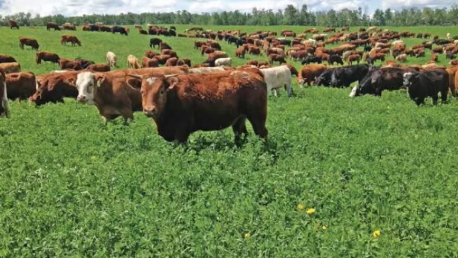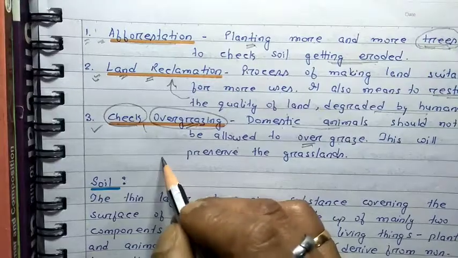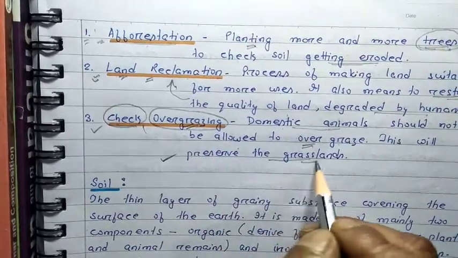If we let our domestic animals go to the grasslands and graze there, they will definitely overgraze or overexploit the grassland. So this can be stopped. We can keep our domestic animals at home and feed them. If we let the domestic animals overgraze, automatically the land will be degraded, and that's why if we check overgrazing, we can conserve the land. This also will preserve the grassland.